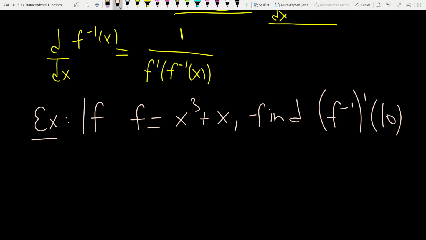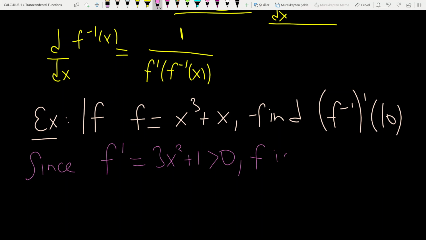Since f prime, which is 3x squared plus 1, is always positive for each x, f is increasing, and therefore it is one-to-one, and therefore it is invertible, based on the above theorem.